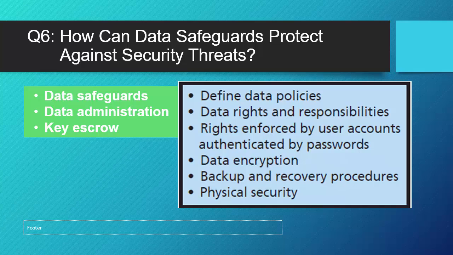So question 6 says, how can data safeguards protect against security threats? They protect databases and other types of data that you may have in your organization. Two organizational units that are responsible for the data safeguards: one is the data administration, an organization-wide function that's in charge of developing policies and enforcing those standards.